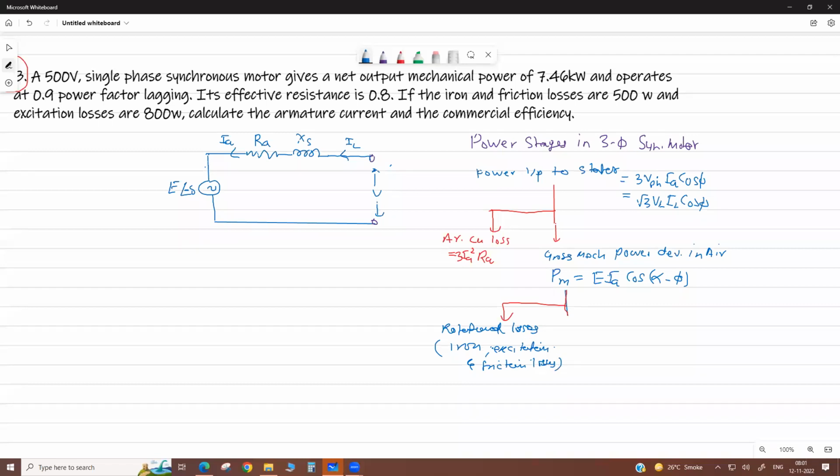This is iron plus excitation plus friction loss. Then the remaining we get is the output power, or the shaft output, in case of motors.